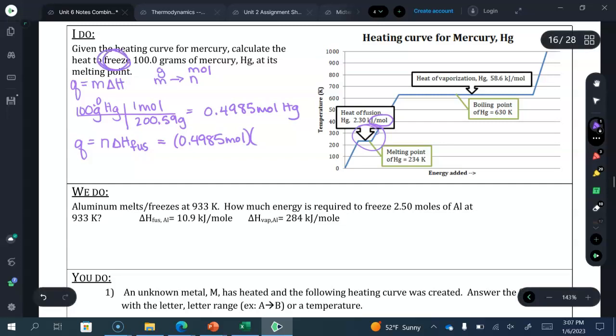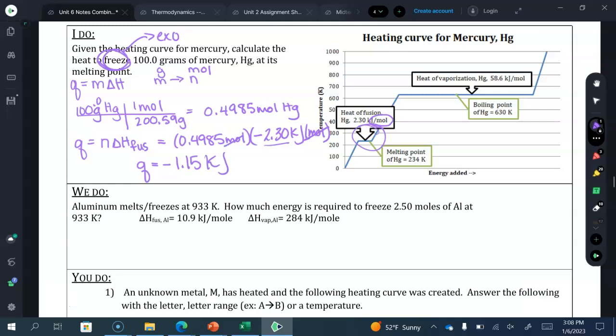Freezing means that this process is exothermic, which means that the sign of our delta H has to be negative because we're going to take energy out. So the 2.30 kilojoules per mole has to be negative because we are doing the exothermic process. When we perform this calculation, you should get negative 1.15, because 3 sig figs here, kilojoules. The moles cancel out because we are using a very specific quantity.